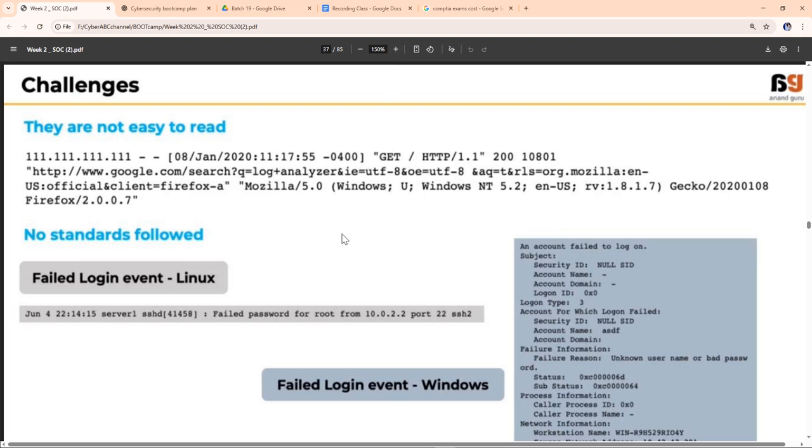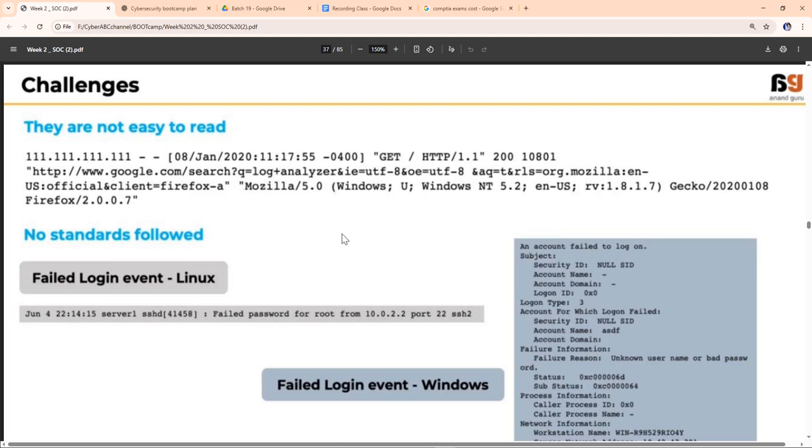111.111.111.111, then space, hyphen, 8 January 2020, 11:17:55, hours to 04 hours.